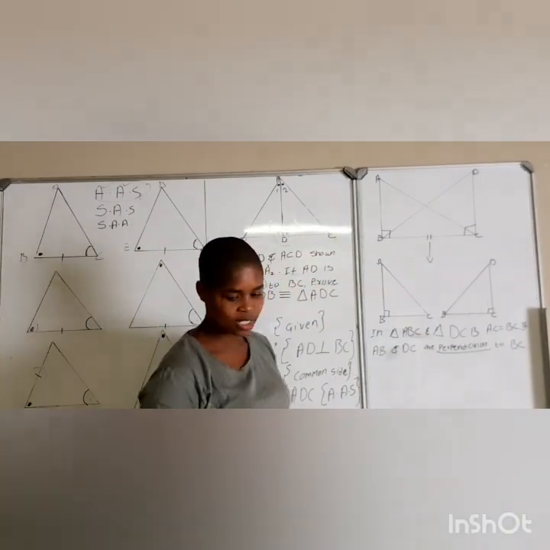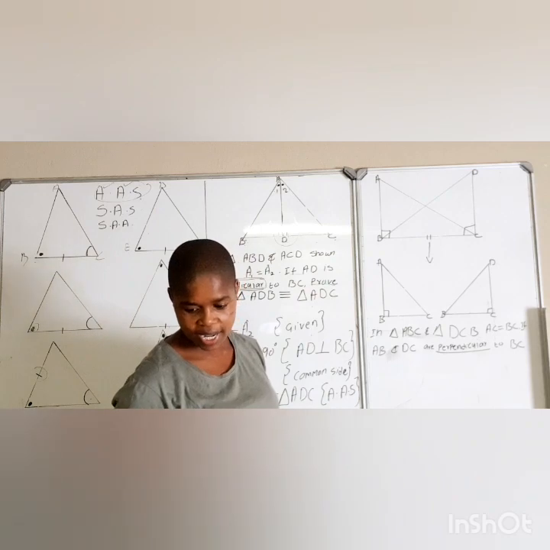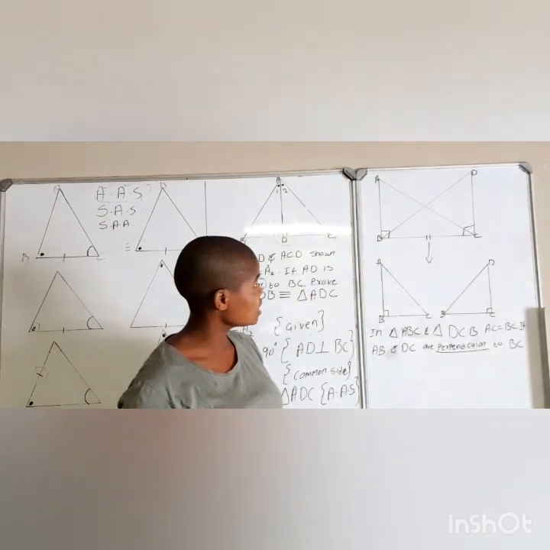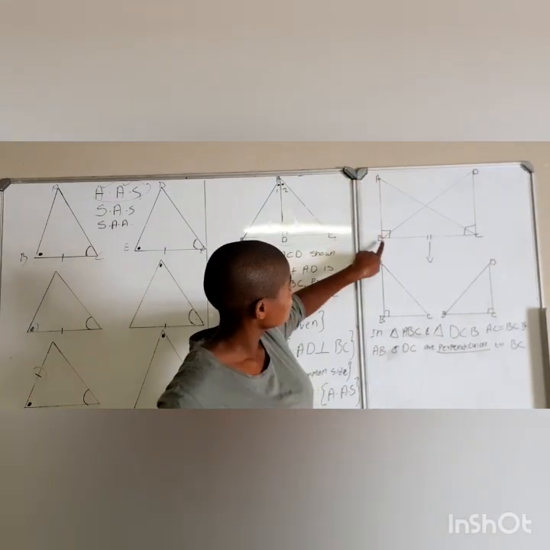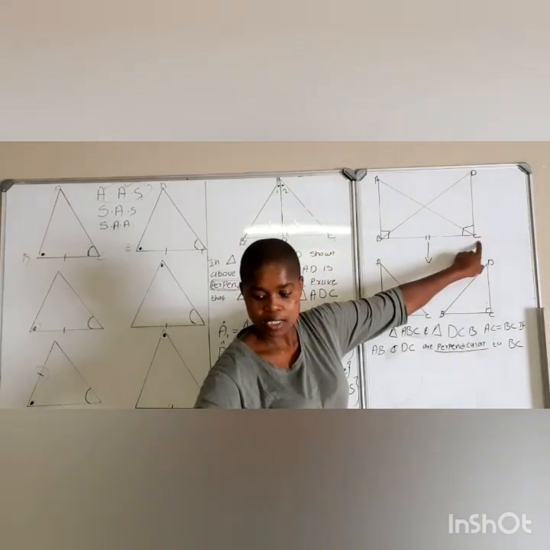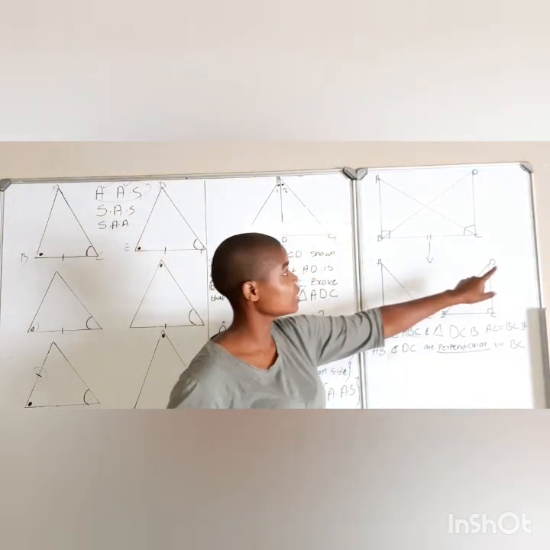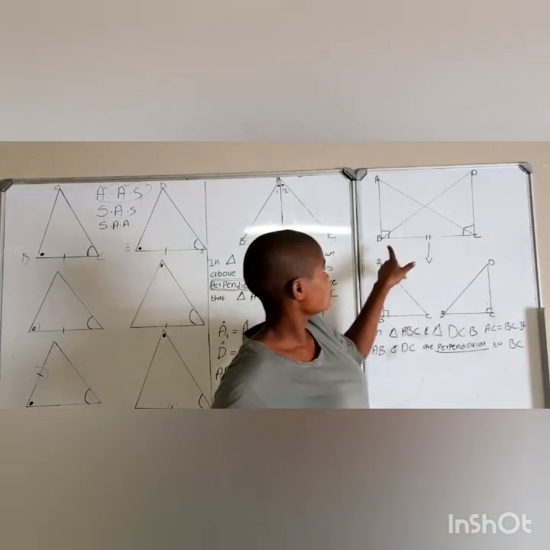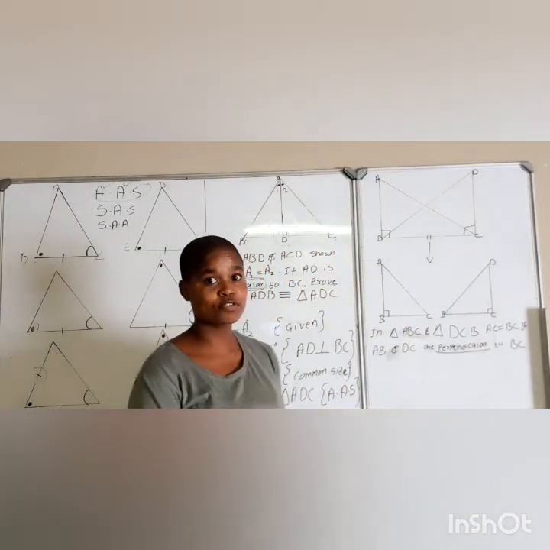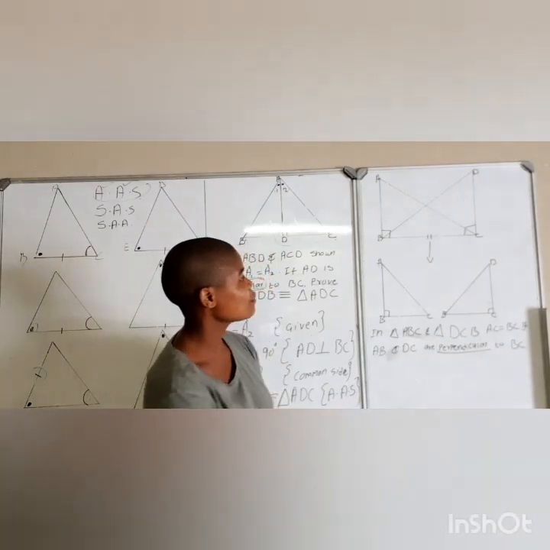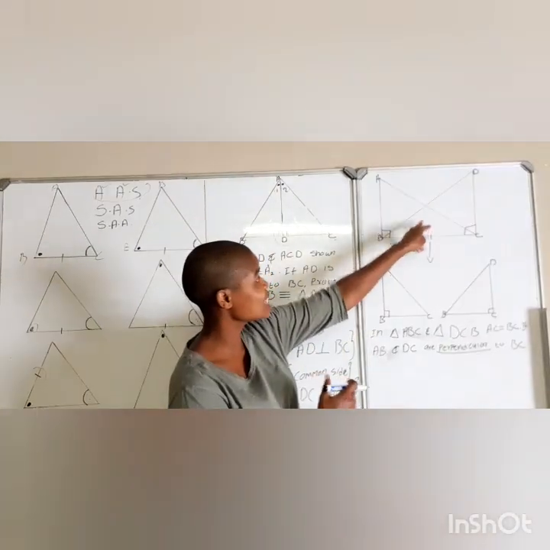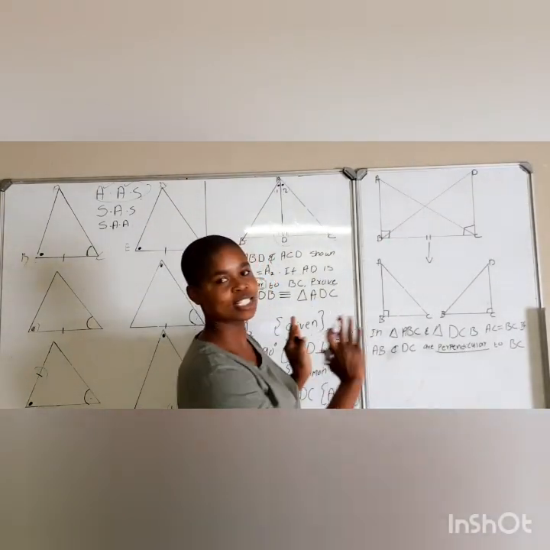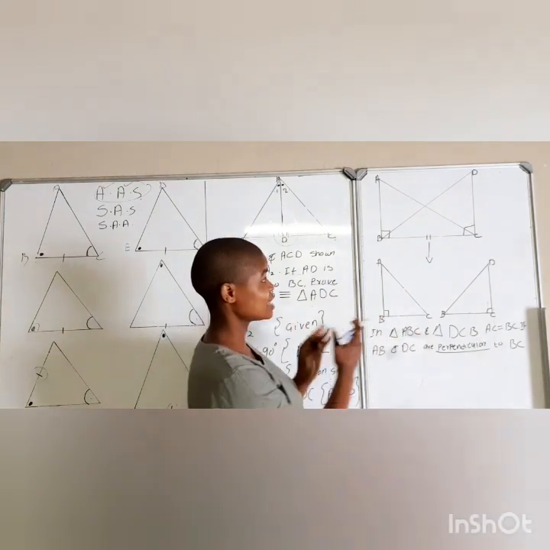Prove that triangle ABC is congruent to triangle DCB. Okay, so what I did for myself here, so that I can see these triangles properly, I redrew them and then I separated them.